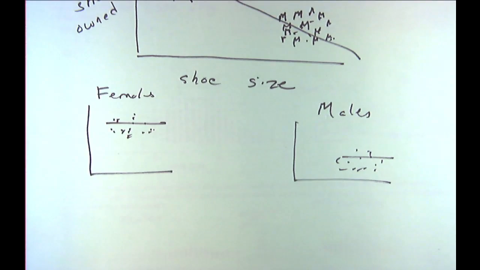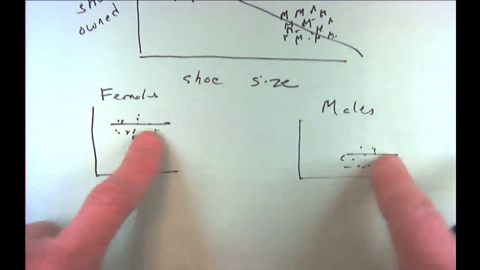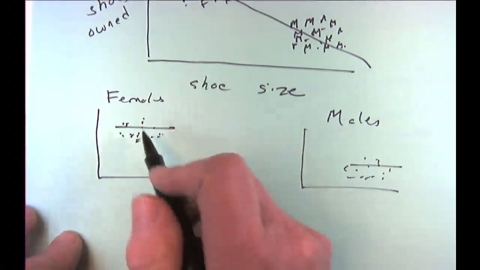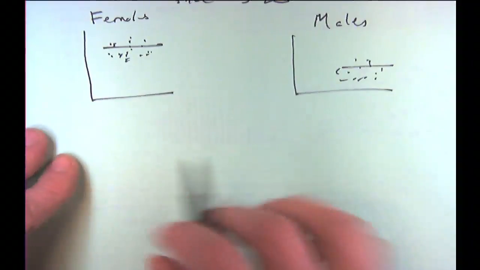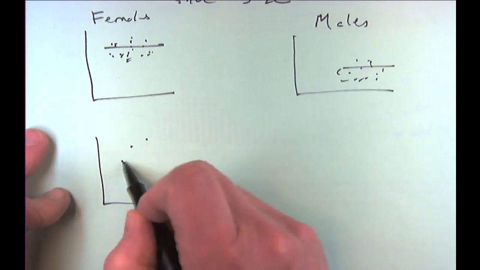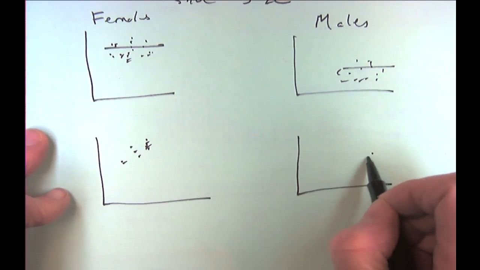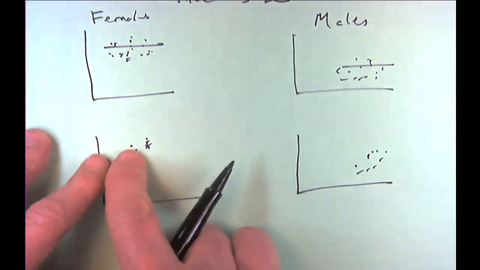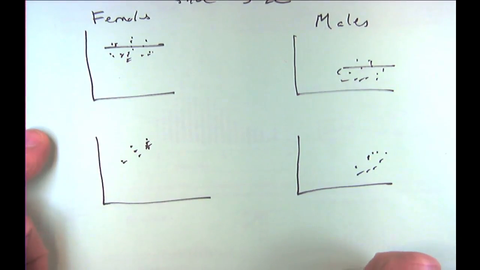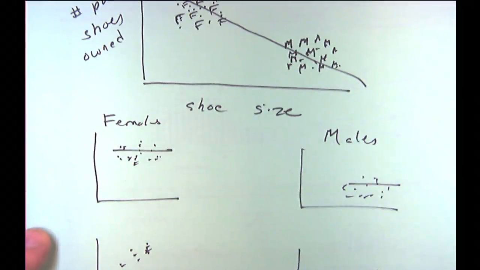Does that make sense? You could even have a positive correlation within each group. Pretend there was a positive correlation within each group. When we put them together, you could still get a negative. Does that make sense to everybody?